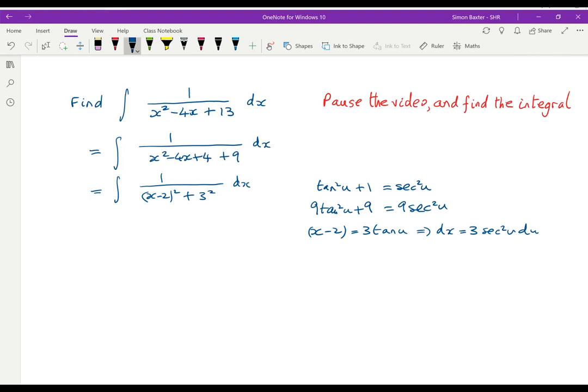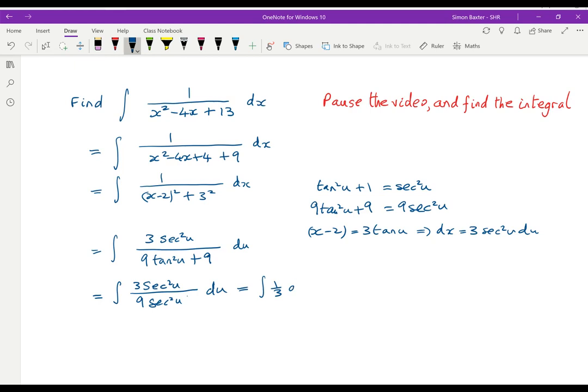And let's put all that into the integral. Dx is 3 sec squared u du divided by 9 tan squared u plus 9, which is equal to the integral of 3 sec squared u over 9 sec squared u du. Cancel things out.